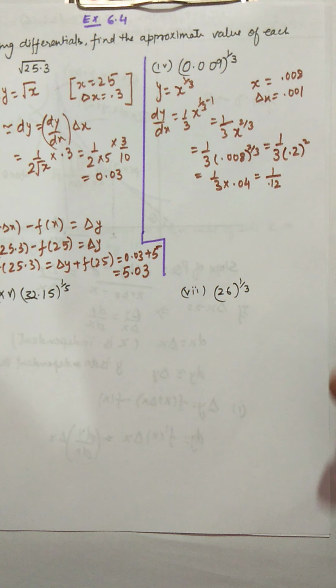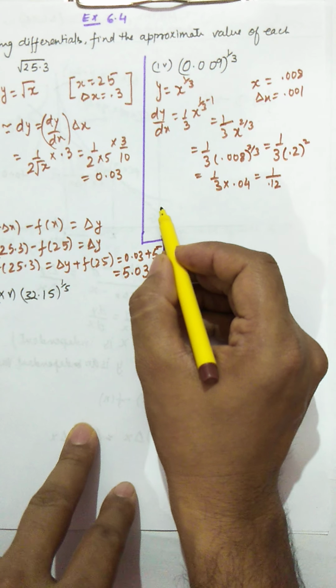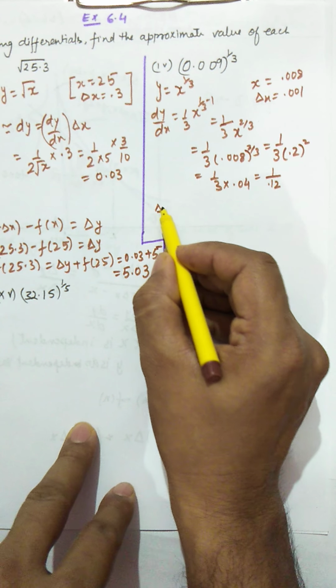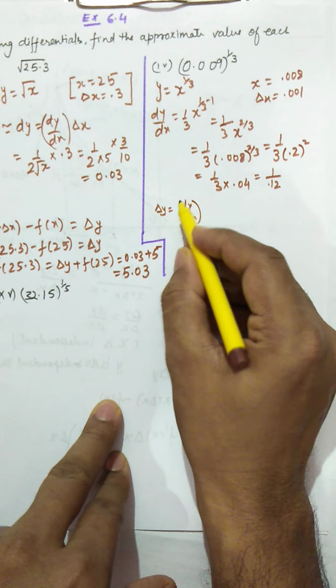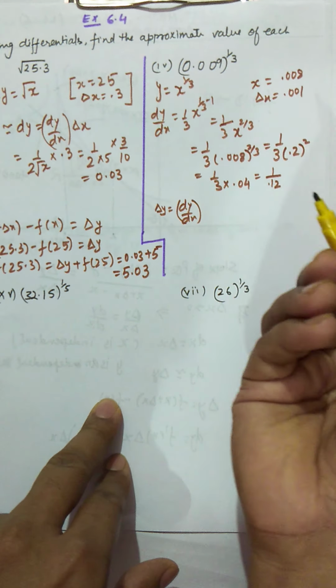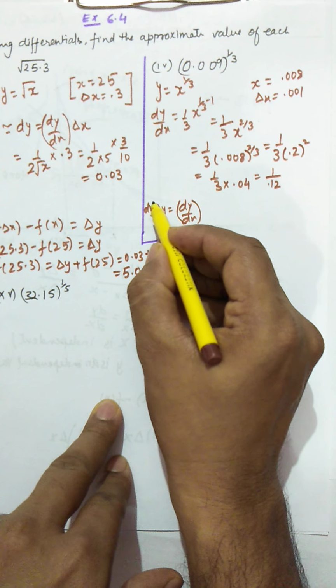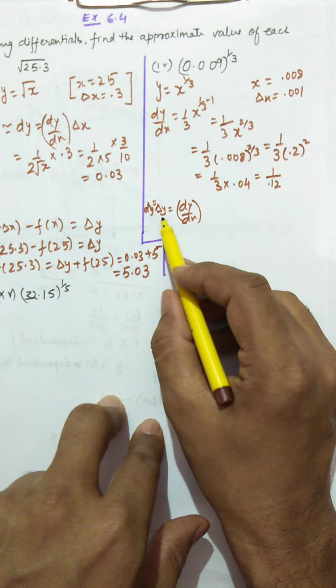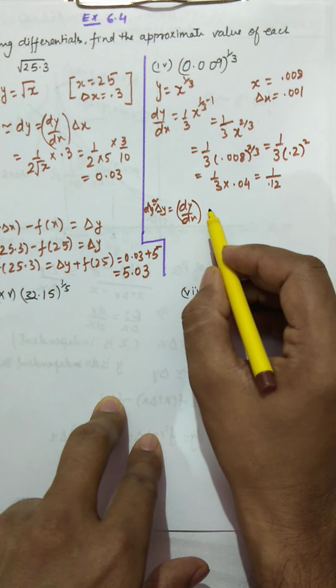Now your Δy will be dy/dx into Δx, or you can say this is equal to dy also. So dy is equal to Δy, approximately equal, so you can take equal also or approximately.